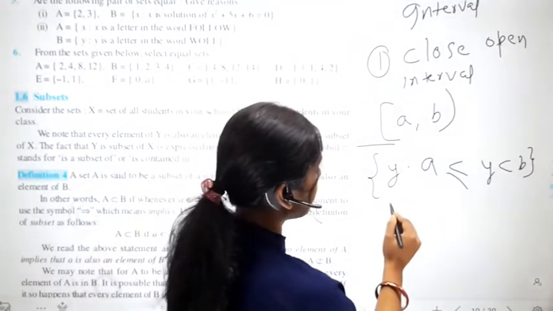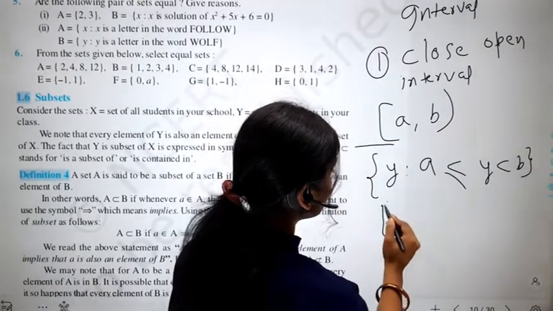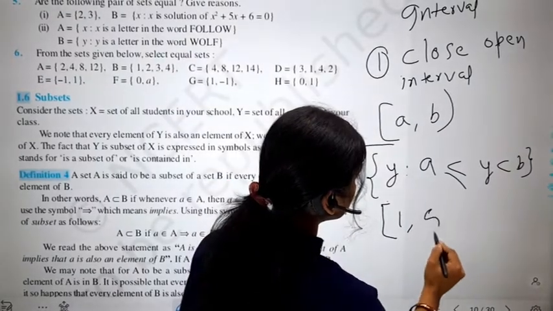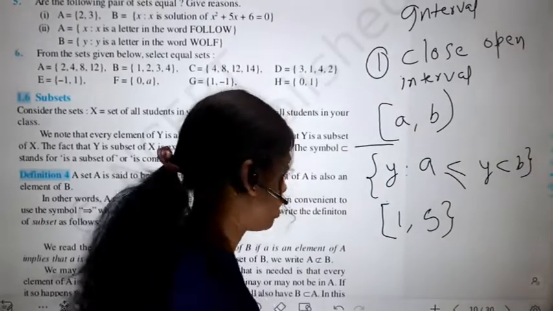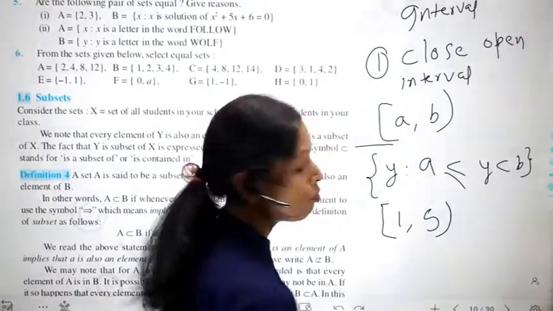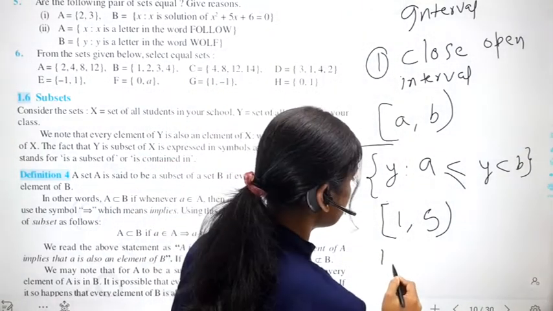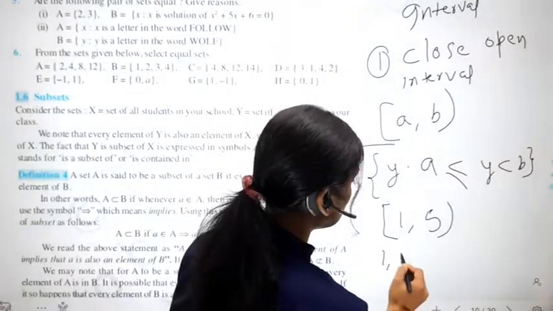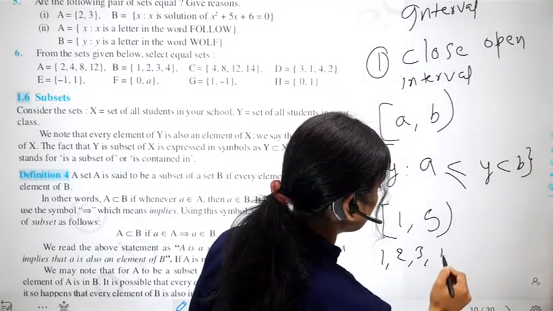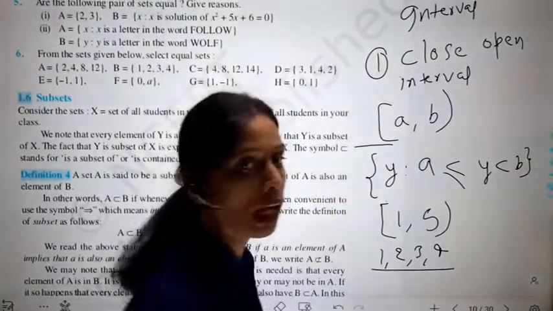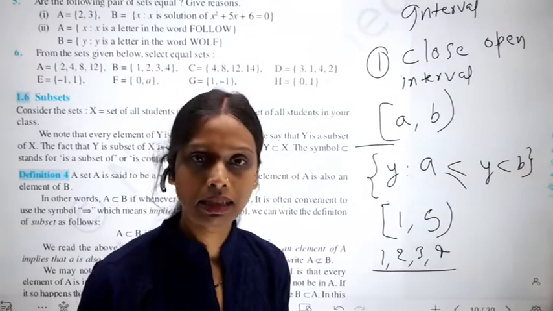You can take an example, 1 and 5. Then 2, 3, 4 are the naturals that lie between this interval.